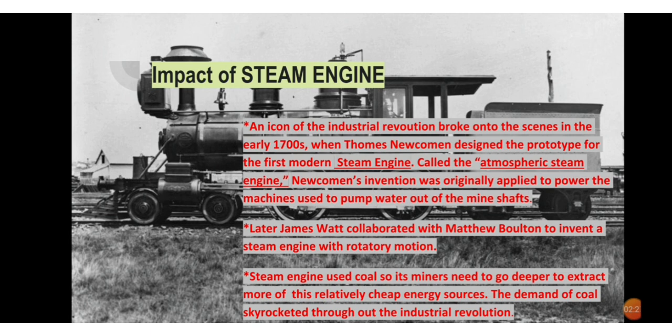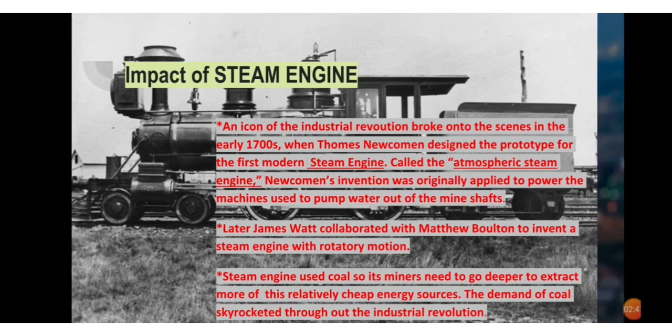Later, James Watt collaborated with Matthew Boulton to invent a steam engine with rotary motion. The steam engine used coal, so miners needed to go deeper to extract more of this relatively cheap energy source. The demand for coal skyrocketed throughout the Industrial Revolution.